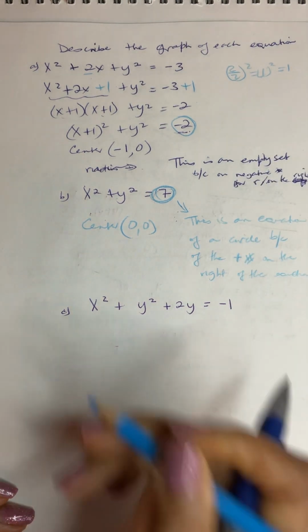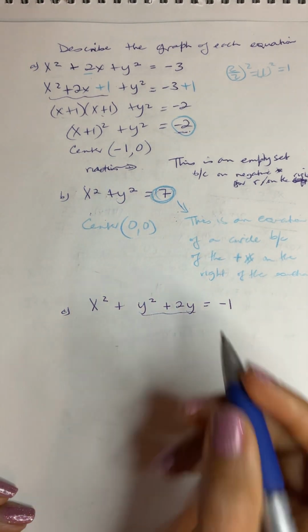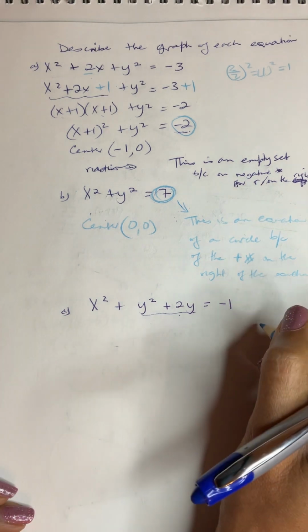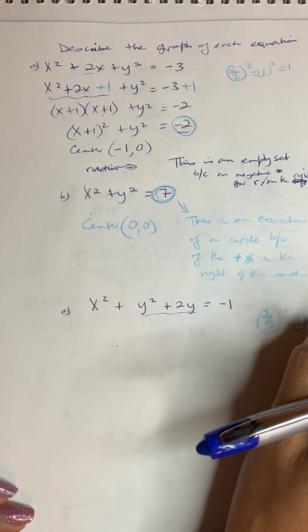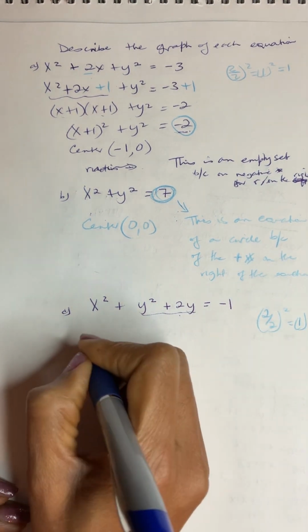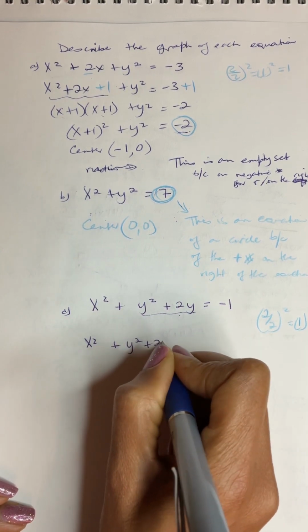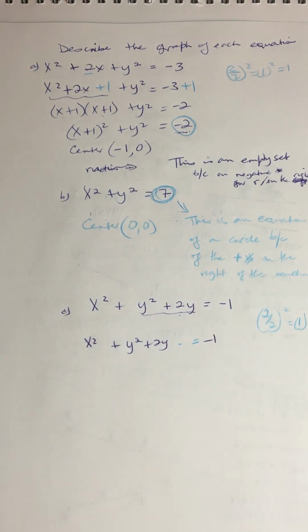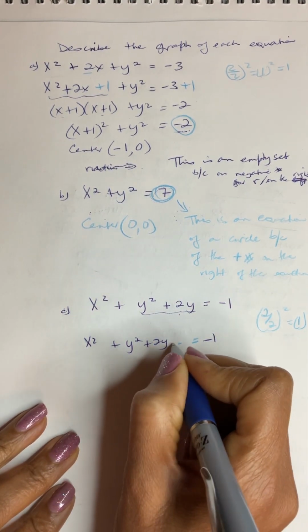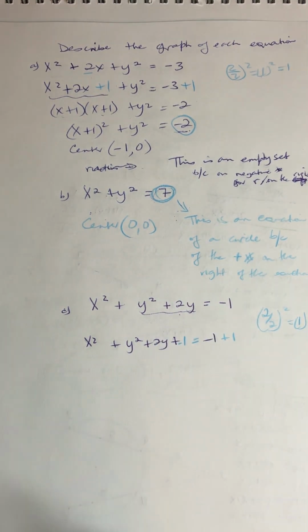Sorry. And then for this one, you have to work this out again using the completing the square format, which we are going to take our 2 divided by 2 raised to the second power, which is 1 raised to the second power, which is 1. So I have x squared plus, I'm going to add my number there, and I'm going to have my -1 and my -1 here. I'm going to add my 1 right here, and I add my 1 on the other side too, because whatever I do on one side, I do on the other side.